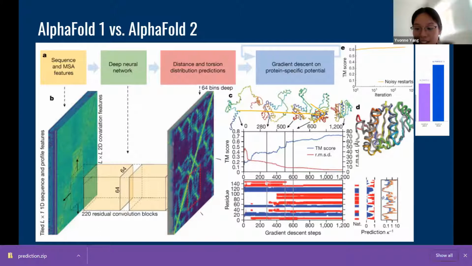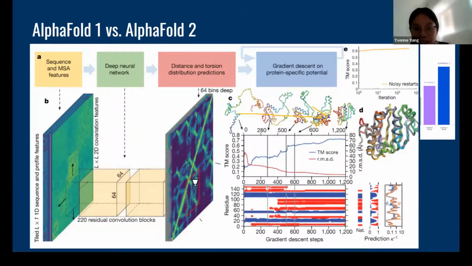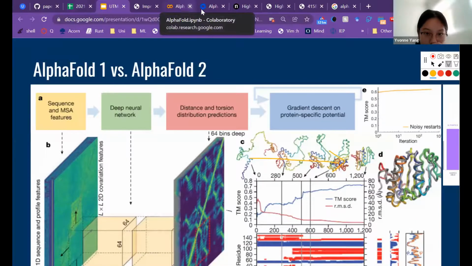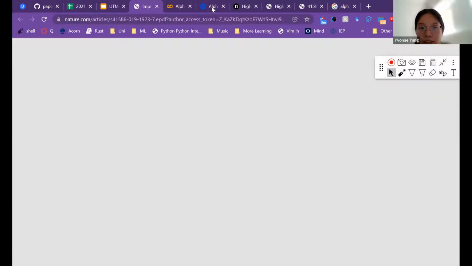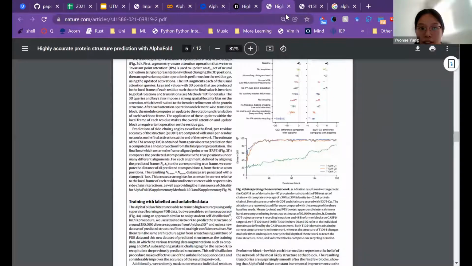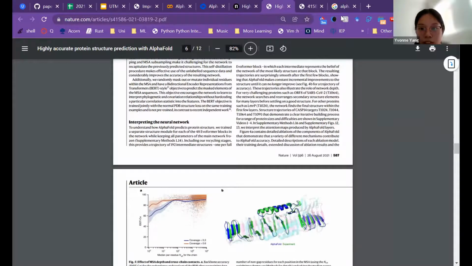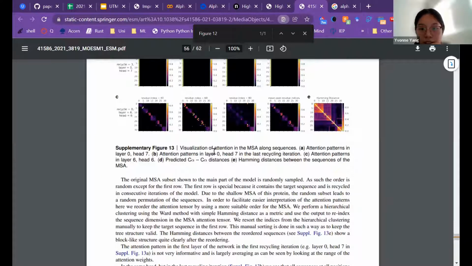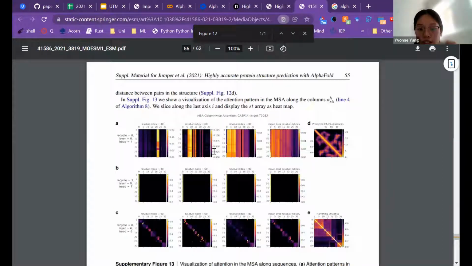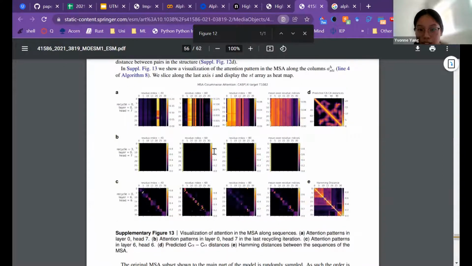And actually to look at the interpretability parts of their supplemental methods, let me see. This one, 12 pages, right here. So they actually tried to show what each attention layer is trying to do.